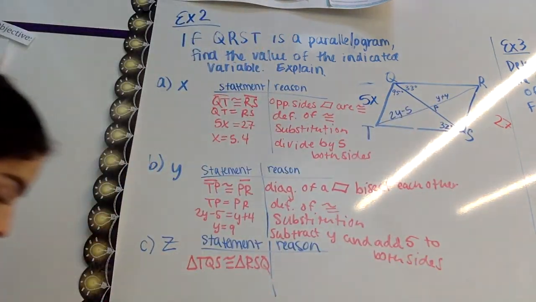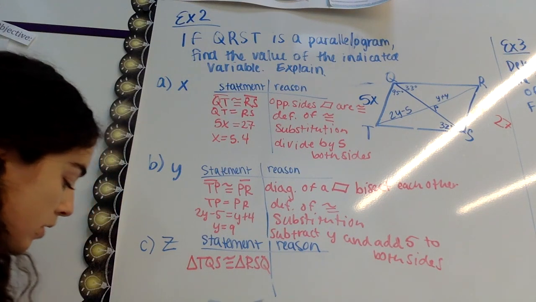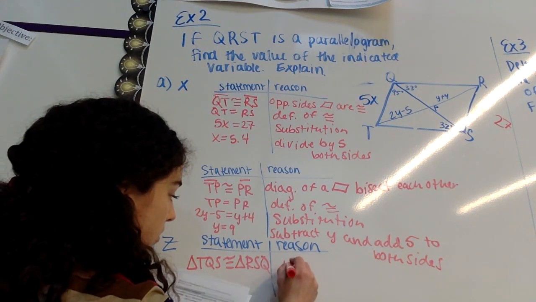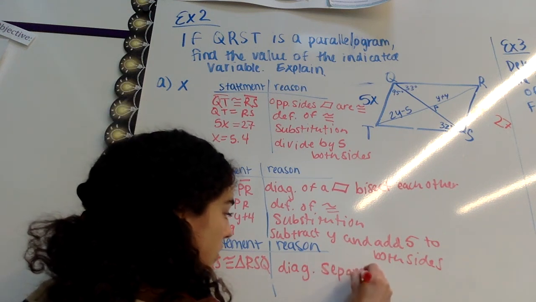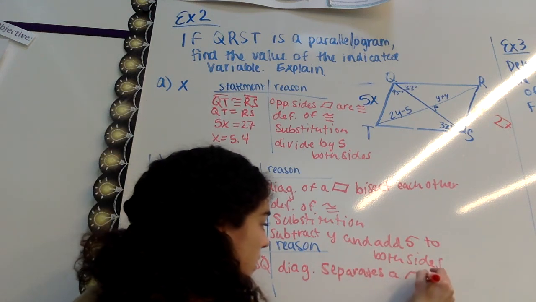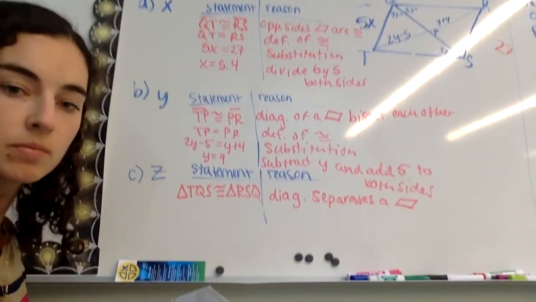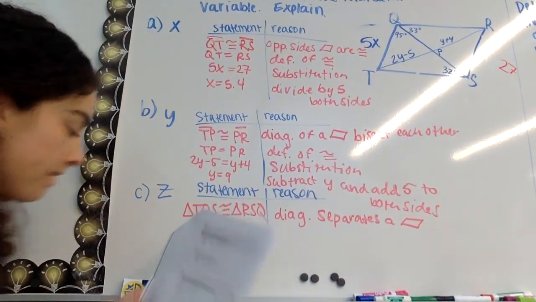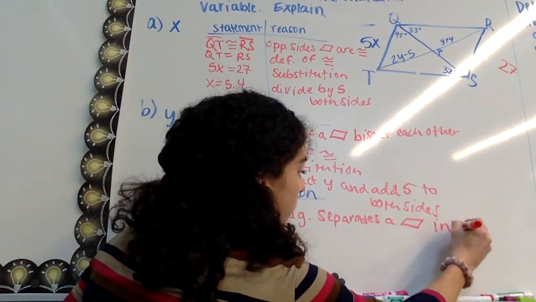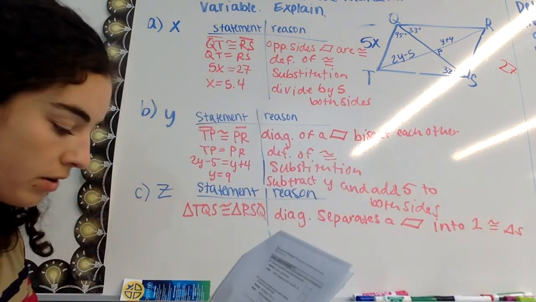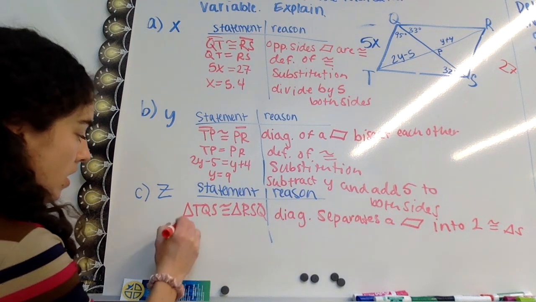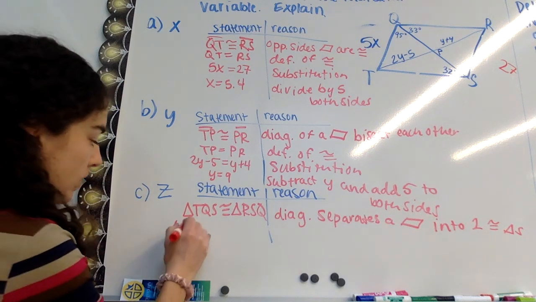Okay. Therefore, that's because diagonals separate a parallelogram into two congruent triangles.